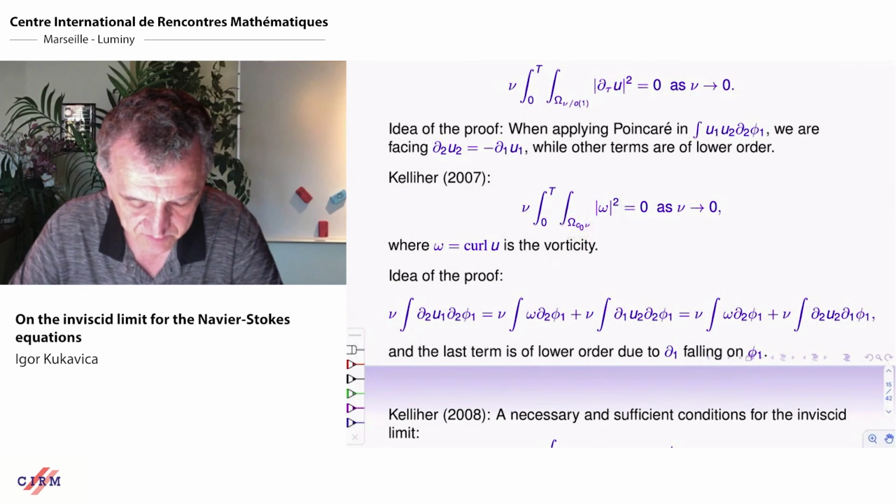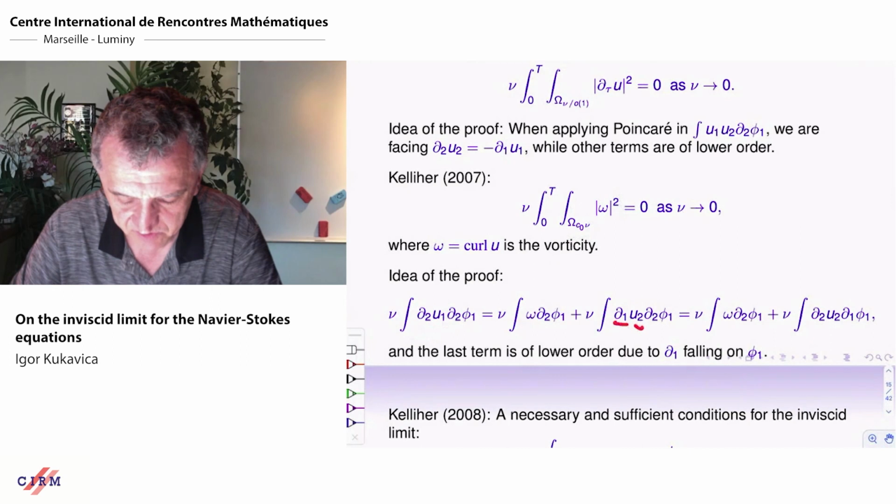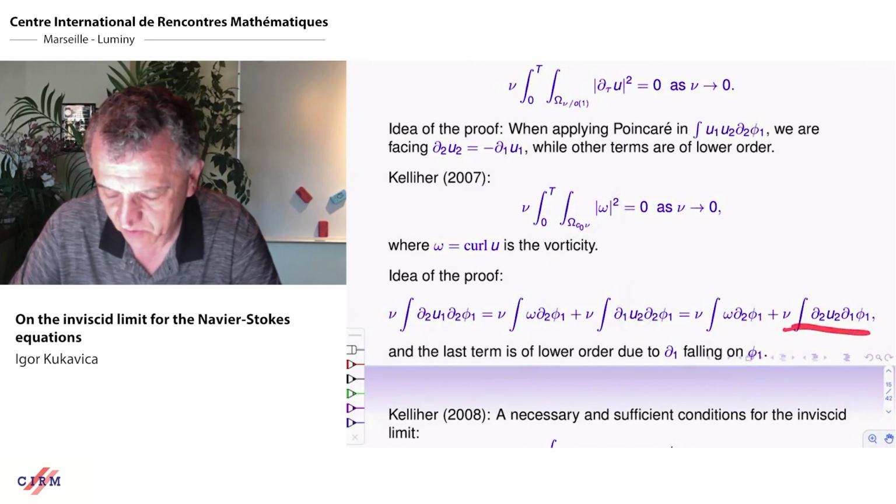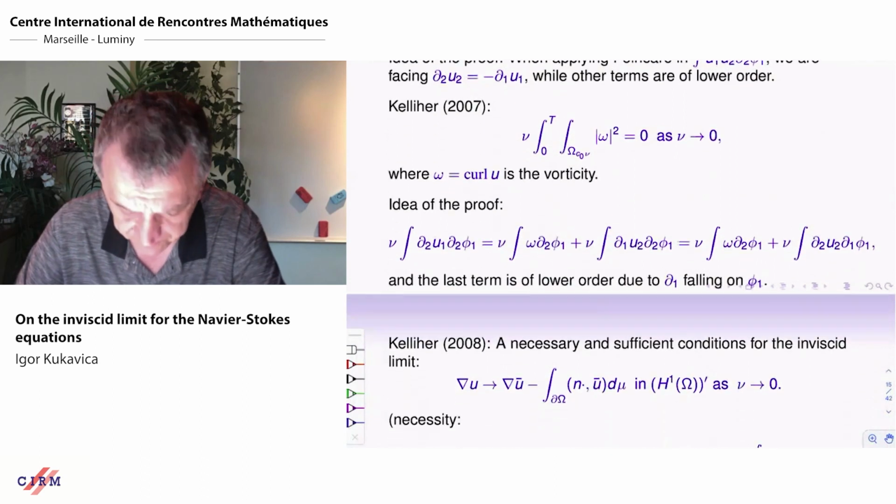And the proof is by replacing D2U1 with omega, and then we have D1U2. So here you can just integrate by parts. You put D1 first here, and then D2 there, because U2 is 0. And this term is lower order, because it's D1 phi1.